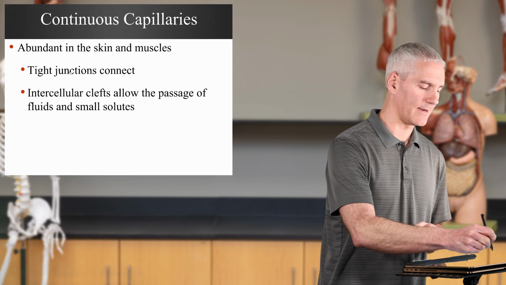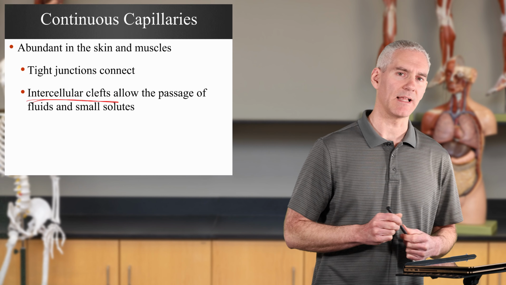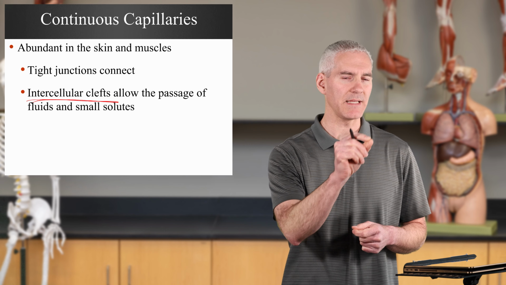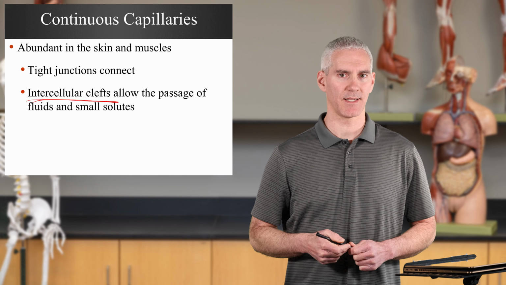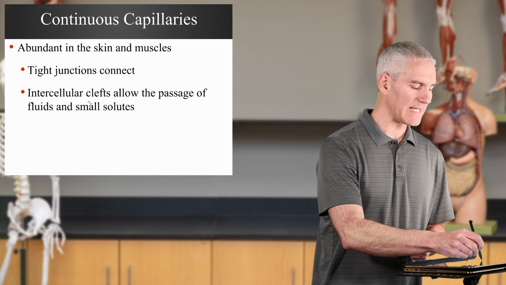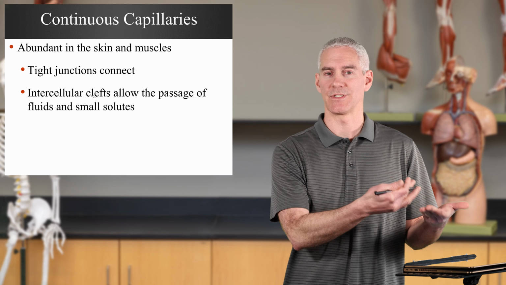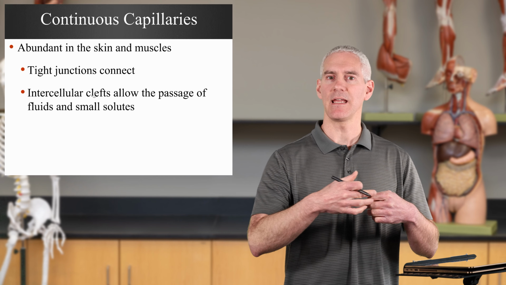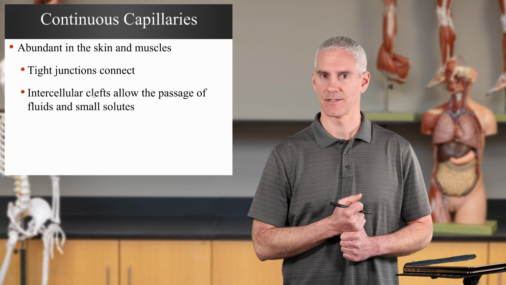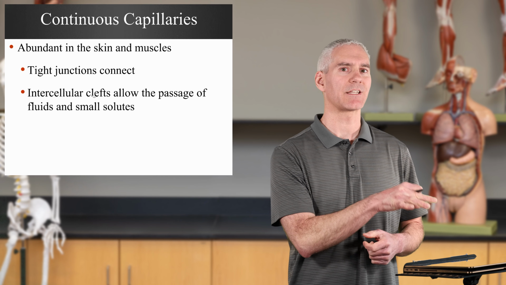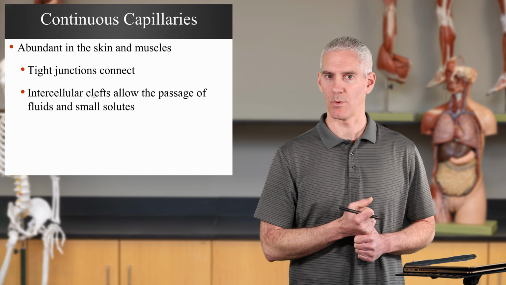But they also have intercellular clefts, which are little spaces in between some of the cells. Those clefts allow some of the small solutes and some of the fluid to exchange between the blood inside the capillary and the interstitial fluid outside the capillary. So there is exchange occurring through the capillary walls.